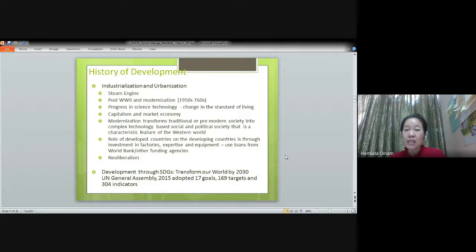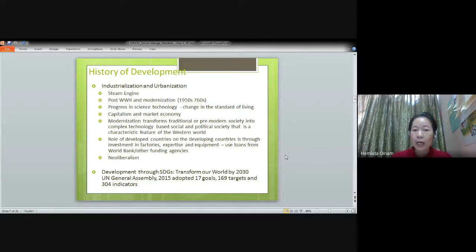Urbanization increased because you have better railways, better services, and people started moving from rural to urban. This is the stage where a major challenge in population growth happened in world history.